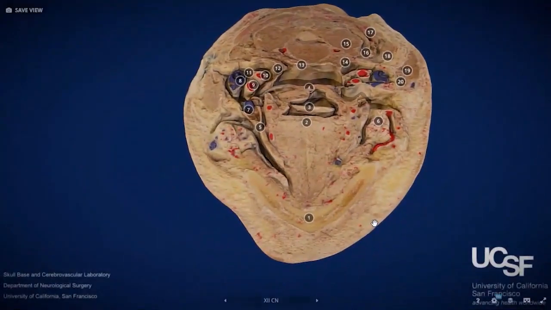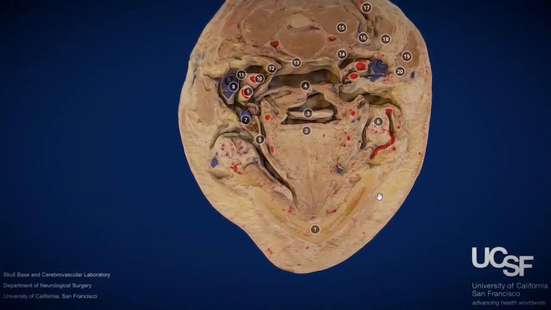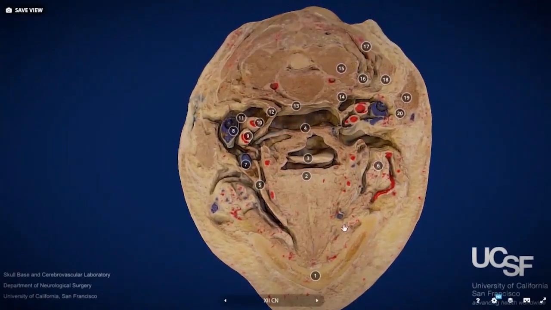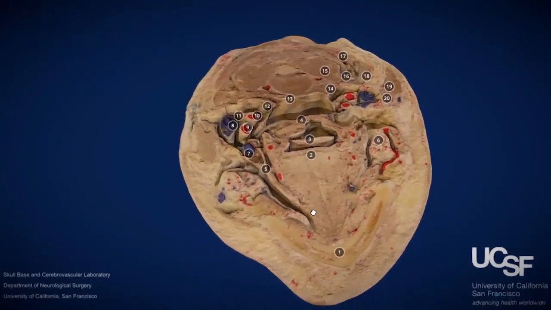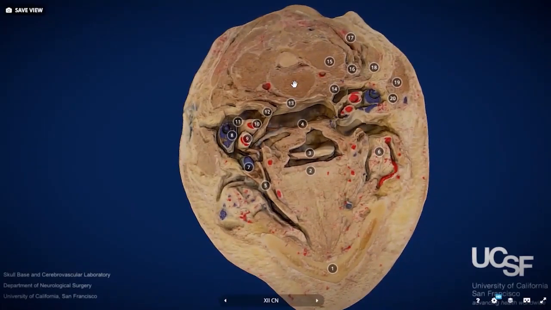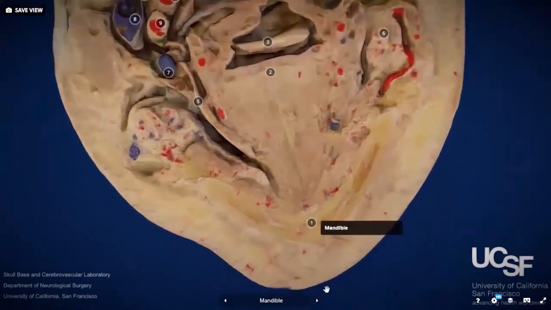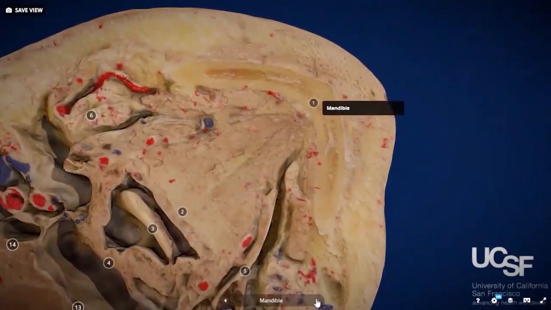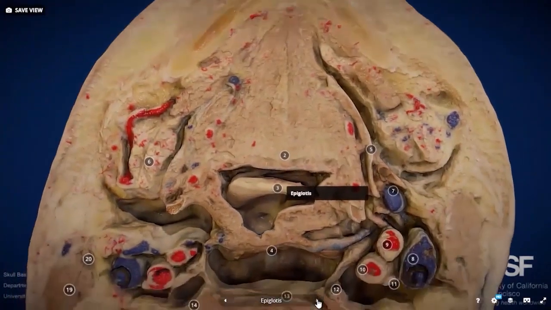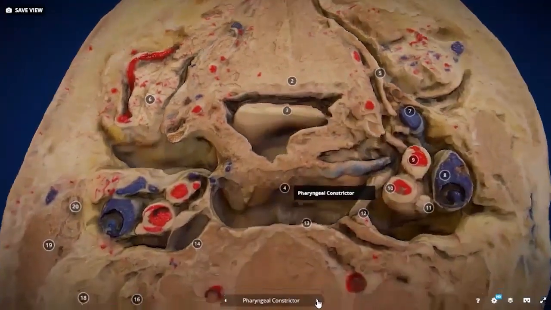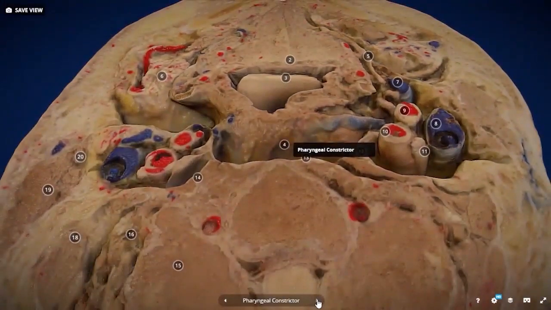So let's explore quickly an axial cut at the upper subaxial level, meaning what we're seeing here is the body of C7. It's going to start with identifying structures anteriorly, starting with the mandible, moving posteriorly to the root of the tongue, the epiglottis, and the pharyngeal constrictor.